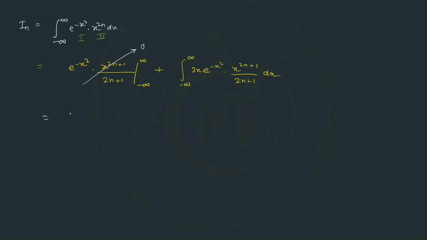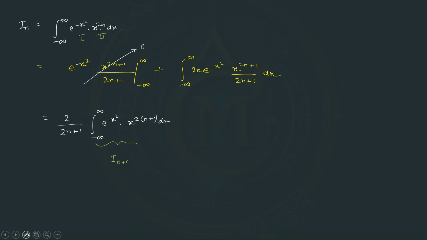So our integral will become 2 by 2n plus 1. This will be outside, and then integral from minus infinity to infinity e to the power minus x square times x to the power 2n plus 2 dx. Or we can write this as 2 into n plus 1. Now this thing is nothing but I of n plus 1.